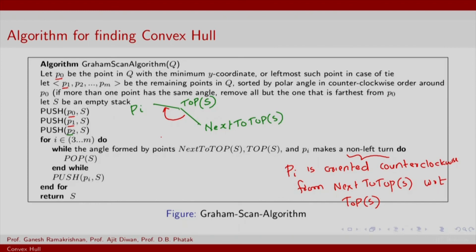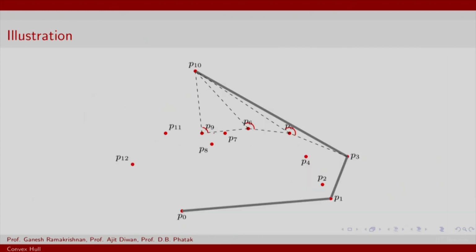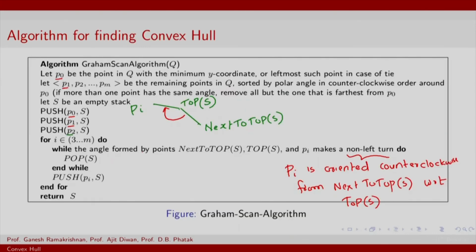We kept dropping elements P9, P6 and P5 when we encountered P10, and we keep doing this till we encounter a clockwise orientation.